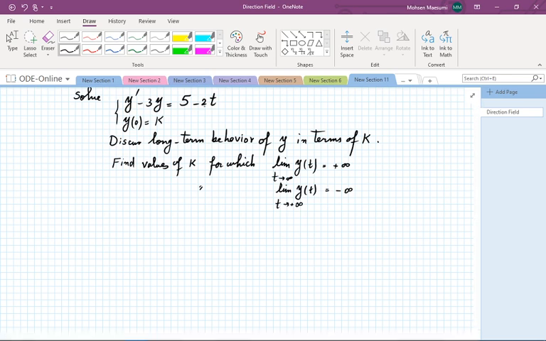Let me ask everybody to think about how you would approach this equation. How do you solve it? In fact, you should be ready to solve this and give me the exact solution in a few minutes, like maybe 5 or 6 minutes. You should be able to produce the solution.